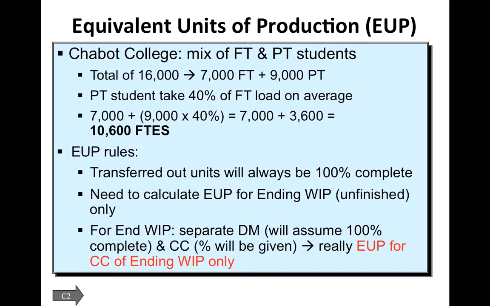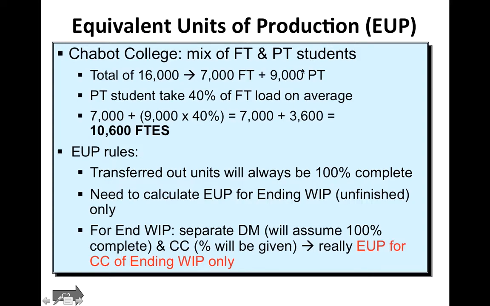Some take 3 units, some take 6 units, some take 9 units, but they're not taking a full-time load. So we estimate that one part-time student is about 40% of the equivalent of a full-time student. So instead of 12 units, they're taking, whatever the number, 5 units.